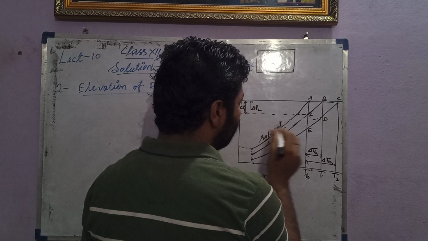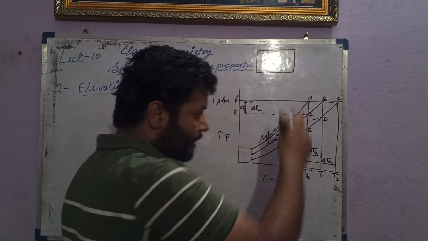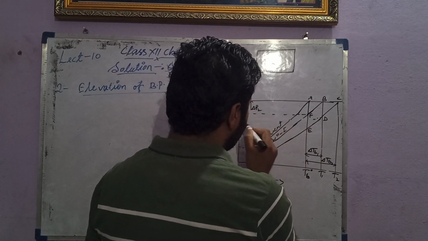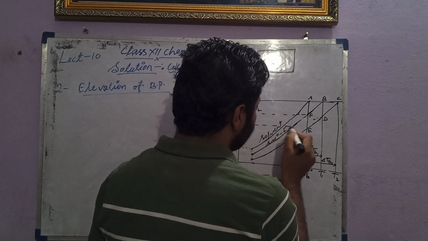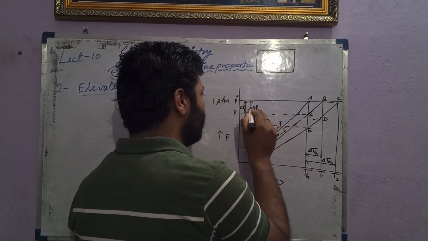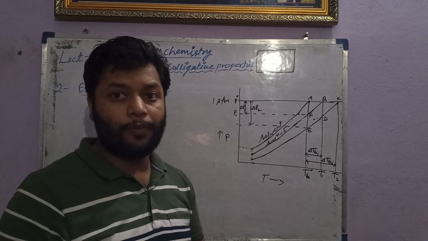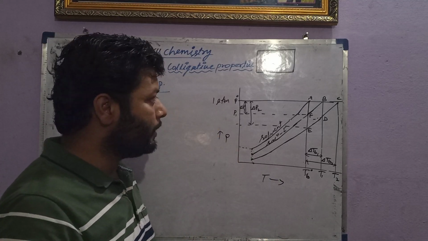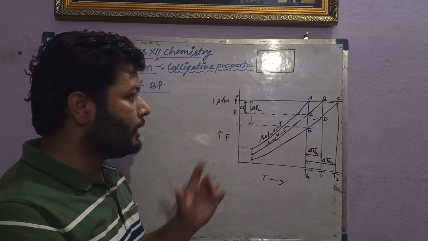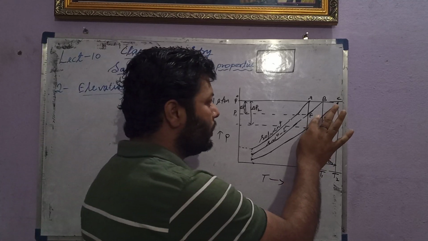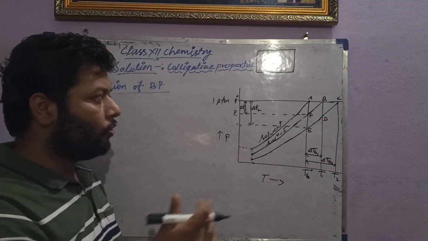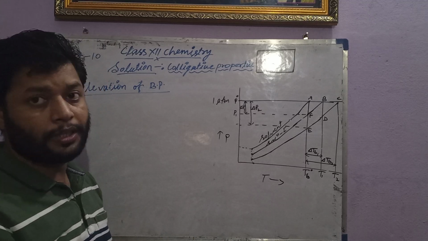The graph line should be from here, the first line. Mark from the first line. Okay. So AF is equal to delta P1 and AE is equal to delta P2. So this is the whole value.